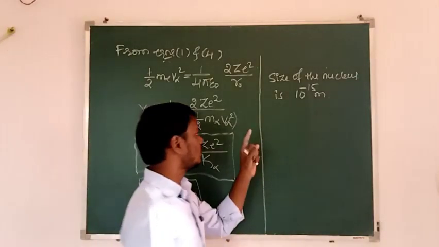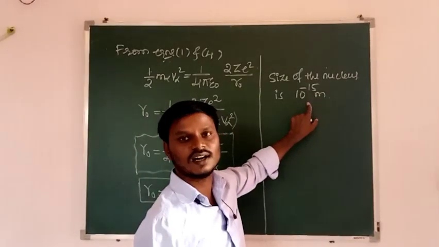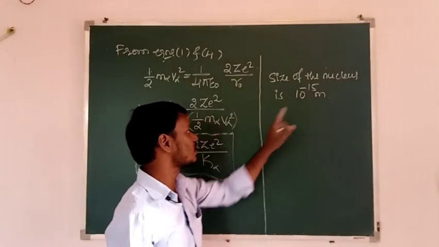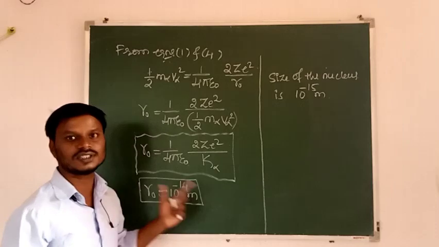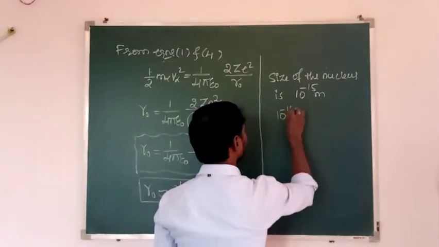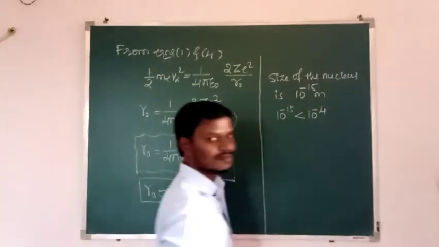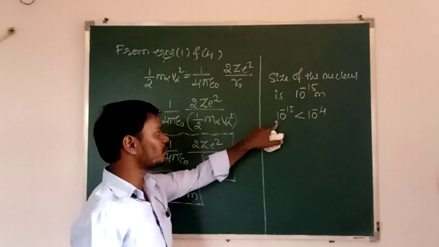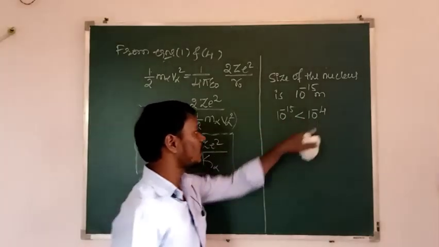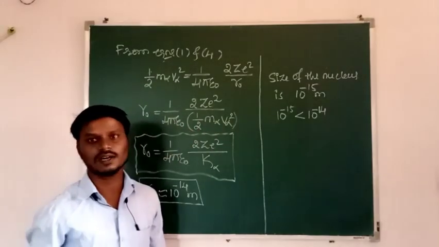Means the distance of closest approach is greater than the size of the nucleus. Otherwise, the size of the nucleus is less than the distance of closest approach. So see here, 10 raised to minus 15 is less than 10 raised to minus 14. Means 10 raised to minus 15 is the size of the nucleus, and 10 raised to minus 14 is the distance of closest approach.